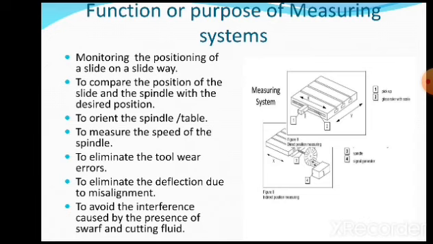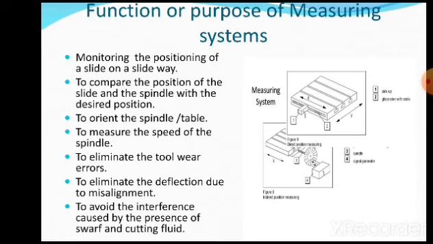To measure the speed of the spindle, since in a spindle either we can accommodate a cutting tool or a workpiece, we require to take the rotational speed of these cutting tools. That measurement is also carried out by the measuring system to eliminate the tool wear errors. This is one more important concept as far as automatic machining is concerned.